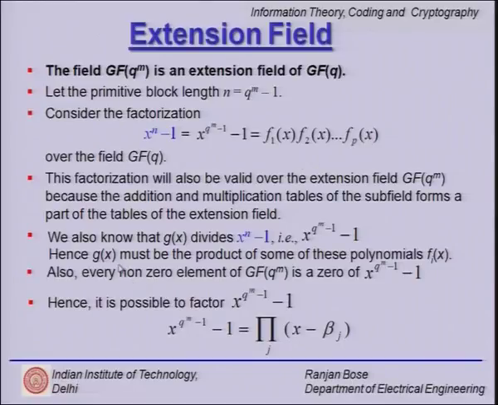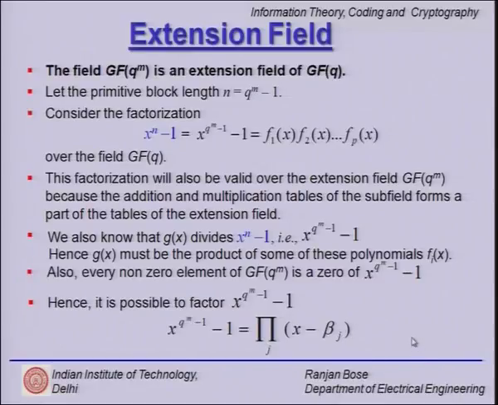So, what we do is we observe that every non-zero element of this extension field is a 0 of x raised by q^m minus 1 minus 1, we just now saw that, right. So, we can just write x raised by q^m minus 1 minus 1 as the product of the linear factors x minus b_j, j being all the non-zero elements of the extension field.